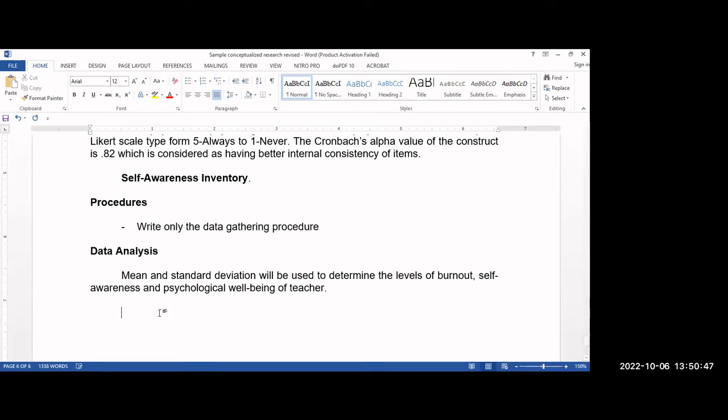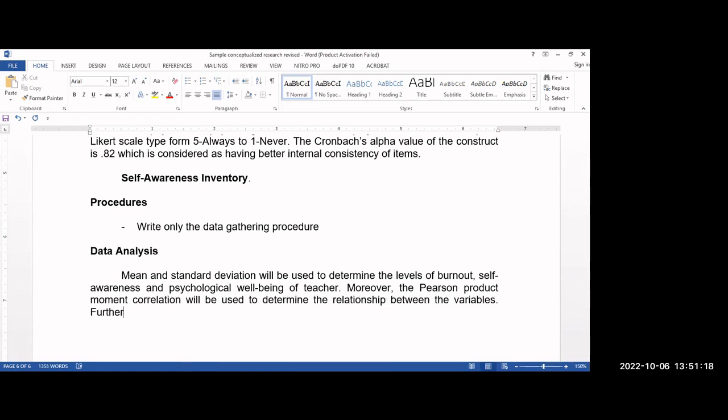And you can place, moreover, the Pearson product moment correlation will be used to determine the relationship between the variables.